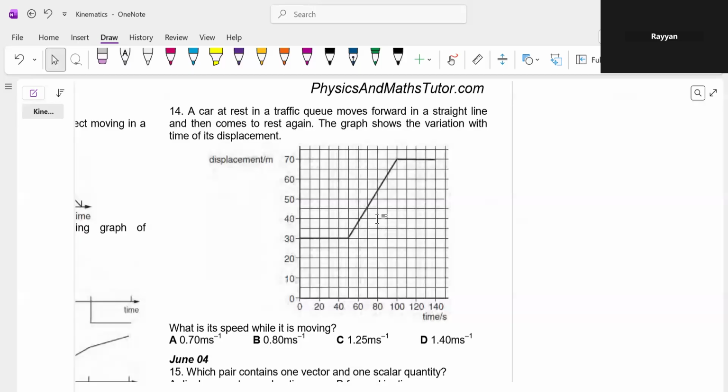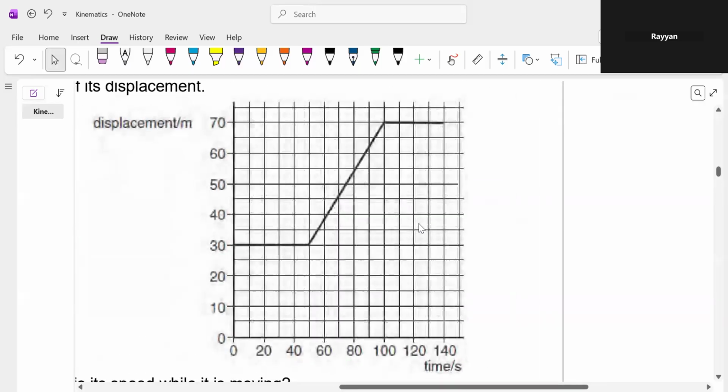Can you zoom in a little? Okay, the graph. That's 100 and that's 50, right? Over here at this point, this is 100 and this is 30. That's 50, right?